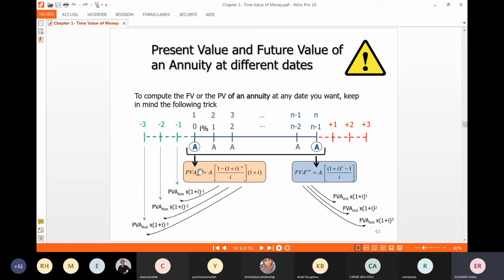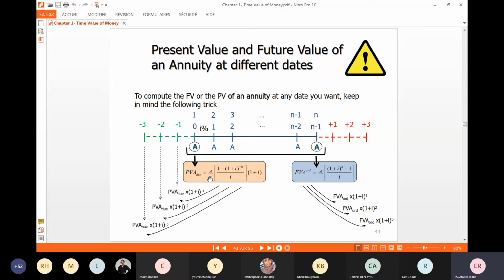Now I know for sure, regardless of the dates, regardless of the number of deposits, when they started and when they finished, that all these A's, at the date of the first A, equal A times 1 minus 1 plus I power minus n over I times 1 plus I. Now, if the question in my problem is to compute the present value at the date of the first deposit, fine.